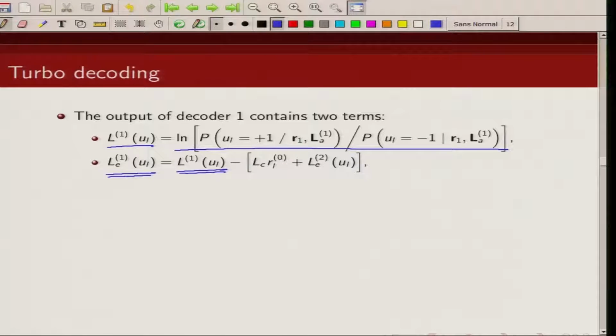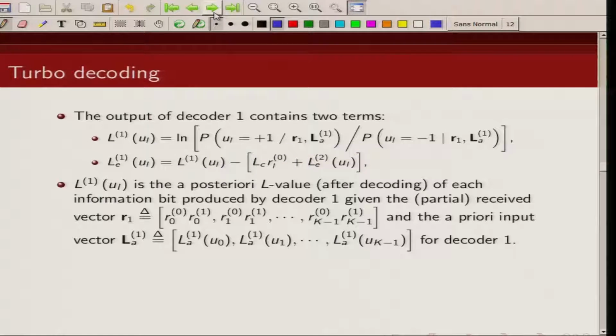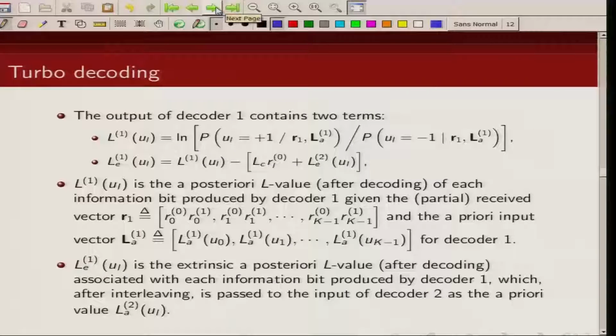From the APP L value, we are subtracting the contribution of the received channel value, and we are subtracting the contribution of a priori value, which is nothing but extrinsic value of the other decoder. Okay. So, this we have explained. So, this is the APP L value and this is the extrinsic L value.